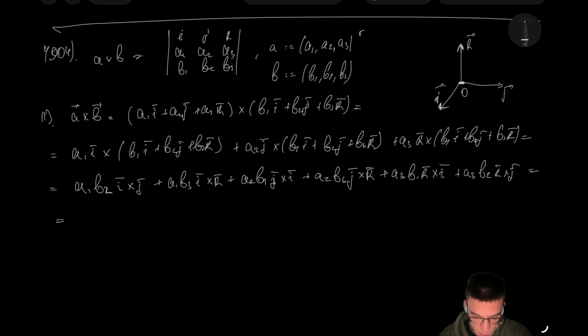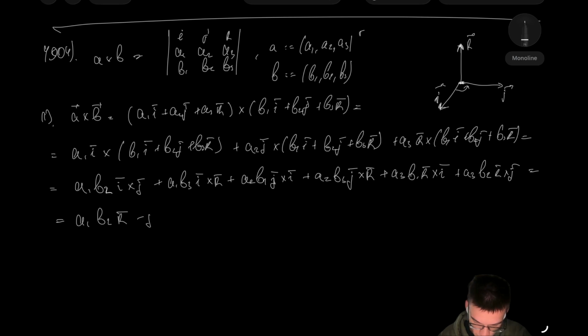So what is the cross product of i and j? If you take a look at the right hand rule here, this is the origin. From i to j, from the end of r, it looks like an anti-clockwise rotation, which is exactly what we need. So this is going to be a1 b2 r, hopefully. And then i and r, following the same logic, from i to r, this is clockwise.